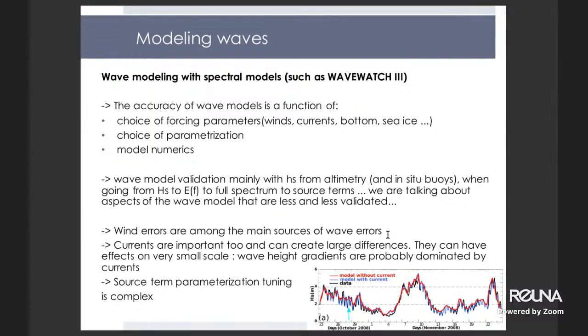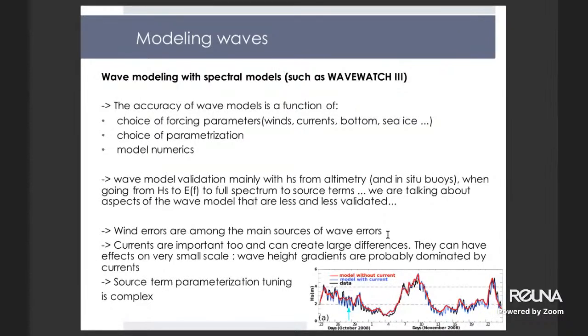It's a representation of, in black, data from a buoy offshore Brittany. It's HS, represented as a function of time. In blue, you have the model including current effects. In red, you have the model without current effects.